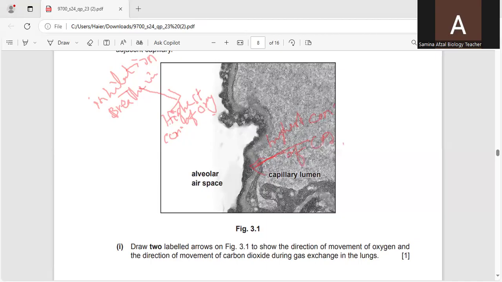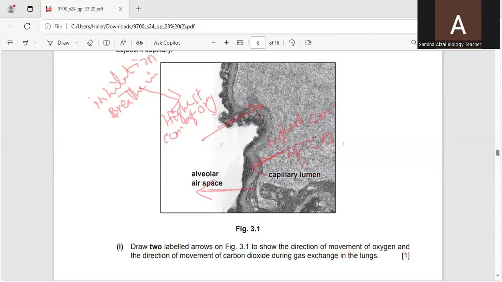So oxygen will move into the capillary, because the capillary has the lowest concentration of oxygen. Now the capillary will have the highest concentration of oxygen. So the carbon dioxide will move from the capillary towards the alveolar airspace.